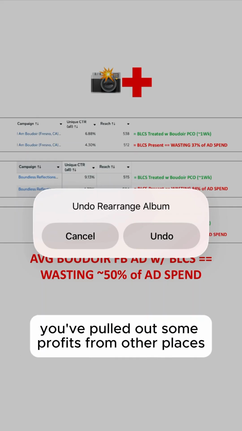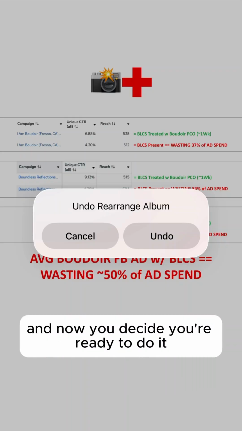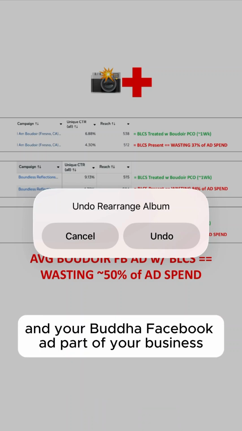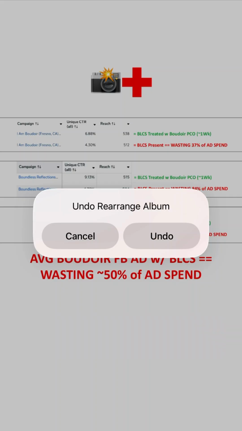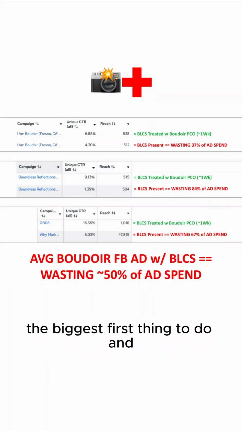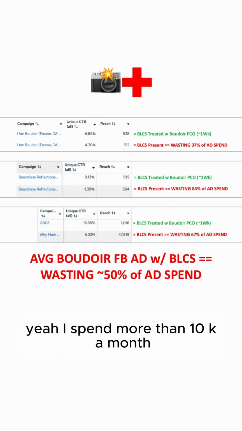So you've pulled out some profits from other places, optimized stuff there, and now you decide you're ready to do it in your Boudoir Facebook ad part of your business, by plugging these leaks. That's the biggest first thing to do, if you spend more than 10K a month.